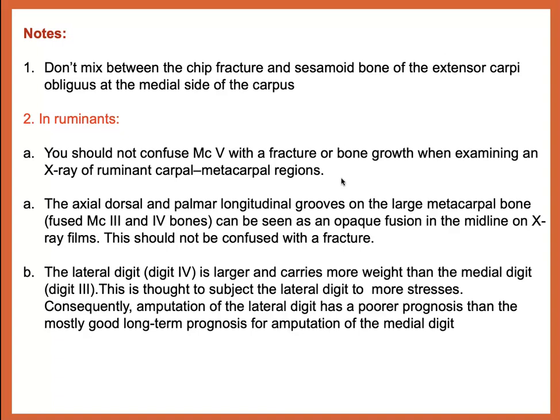So if there is any damage to the bovine leg and you have to make an amputation, it will be a bad prognosis if you make amputation of the lateral digit, because most of the weight would be carried on the lateral digit. So for the medial one it can be okay, maybe a good prognosis. But amputation of the lateral one will be a problem and it can lead to poor prognosis.